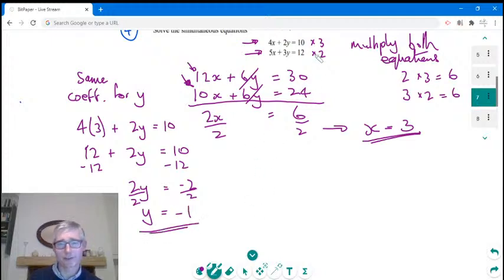So my two answers for this are the x equals 3 from before, and the y equals minus 1. So we've got x equals 3, y equals minus 1.